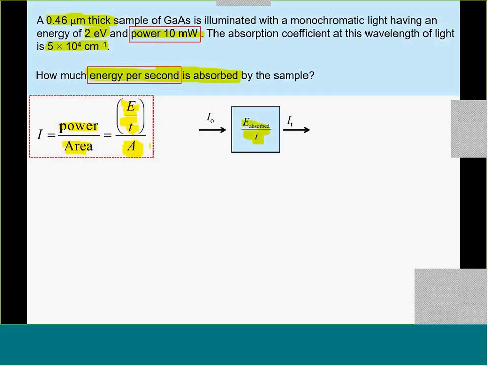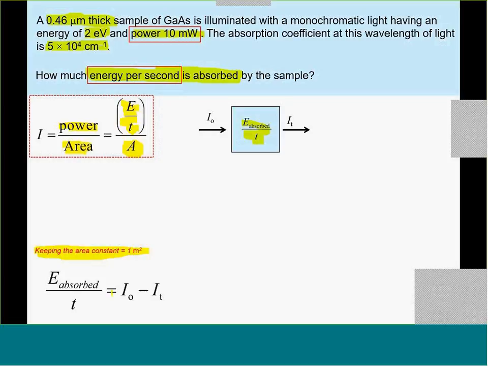Well, to make matters easy, we just keep our area constant at 1 meter squared. Easy, isn't it? Make our life simple. Don't complicate life, everyone.